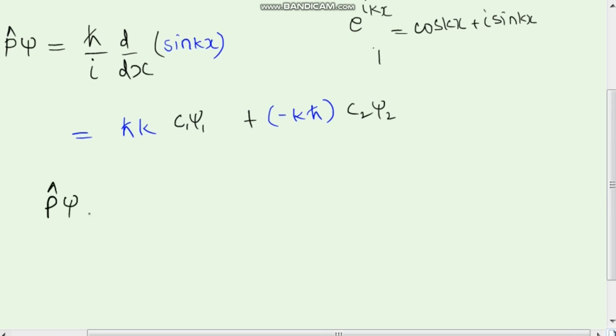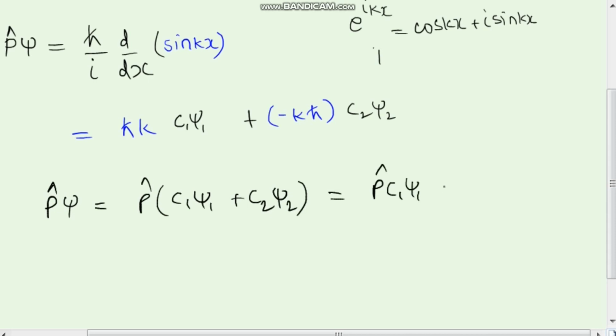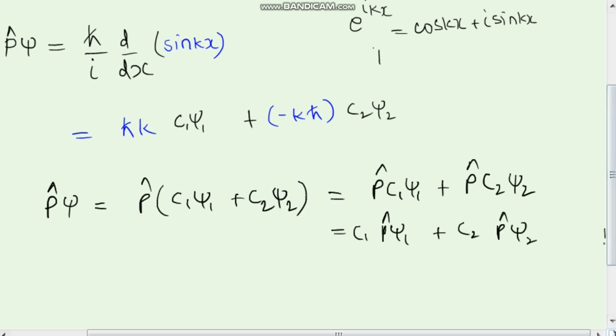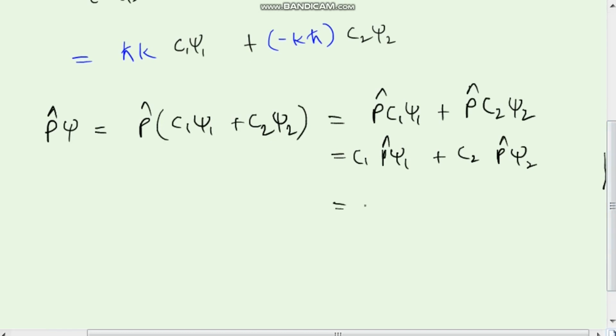So you got p cap psi. We wrote psi as c1 psi1 plus c2 psi2. Then you operated on c1 psi1 and on c2 psi2. Then c1 comes out as it is, and it was p cap psi1, and we know that psi1 is a solution of this equation, so you will get p1 psi1.